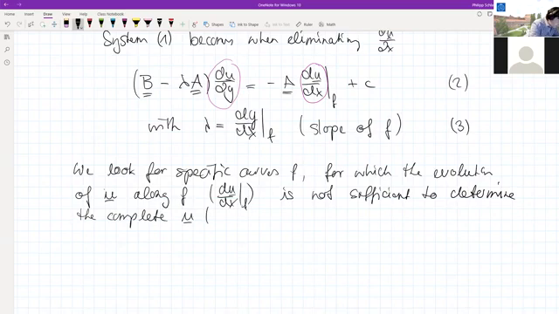And the complete u, I would now say, that's du dy, the derivative in the vertical direction, which is not along the curve.